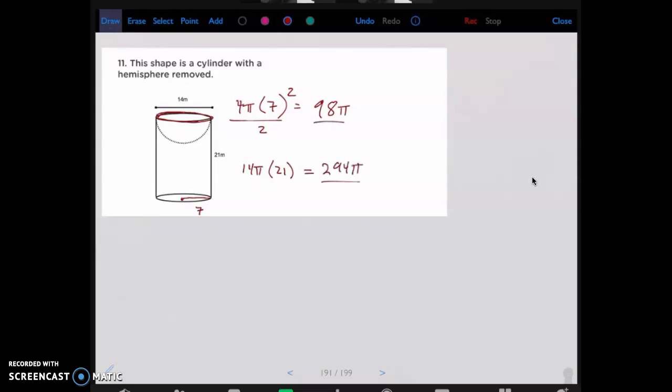And then the bottom circle is going to have an area of pi r squared, 49 pi. Underline. Add them all together. 98 plus 294 plus 49, 441 pi meters squared. All right. There you go. That's surface area. Surface area is tougher than volume. So good job.